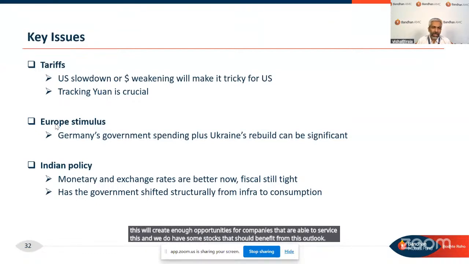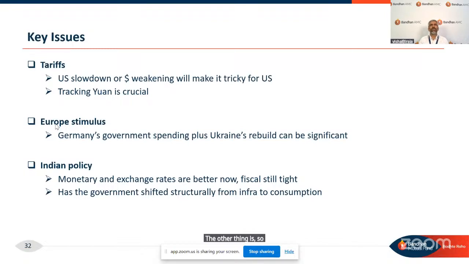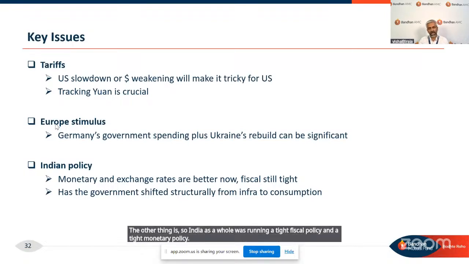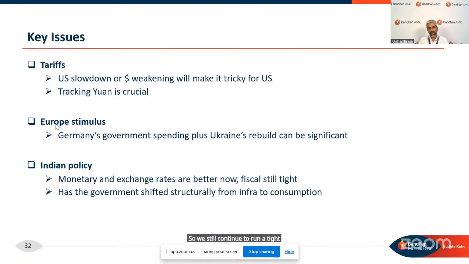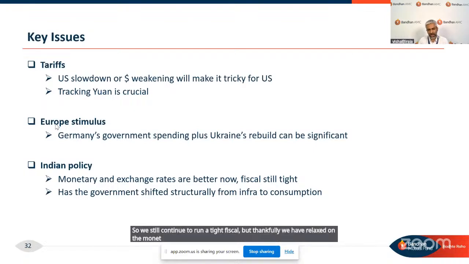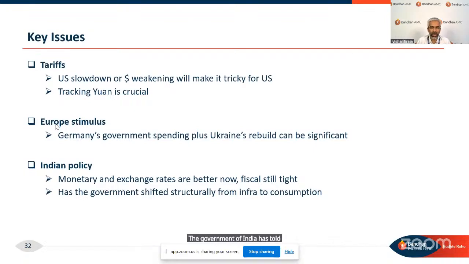The other thing is, India as a whole was running a tight fiscal policy and a tight monetary policy. We still continue to run a tight fiscal, but thankfully we have relaxed on the monetary policy, and that is very important. The government of India has told banks that you can go out and lend, please don't worry about unsecured.